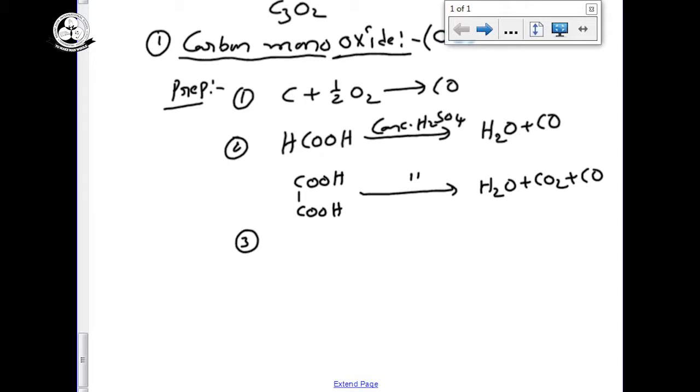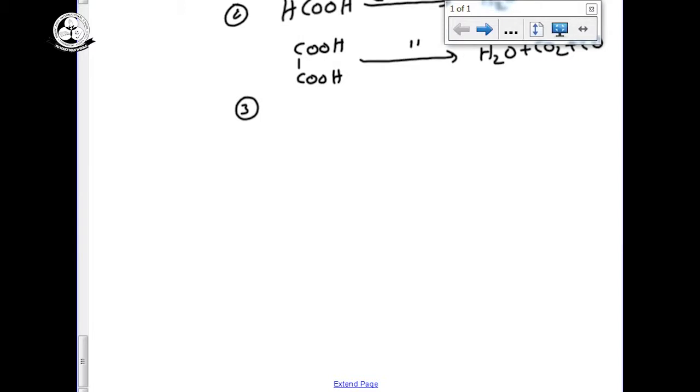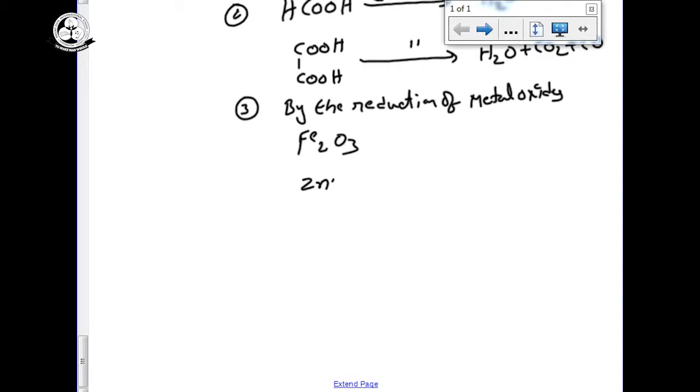Next, from metal oxides. These are the most familiar reactions, and you have to keep them in mind. Again we will review them in the second year metallurgy chapter. Carbon monoxide is formed by the reduction of metal oxides. I am taking metal oxides like iron oxide Fe2O3, or zinc oxide ZnO, and using reduction.